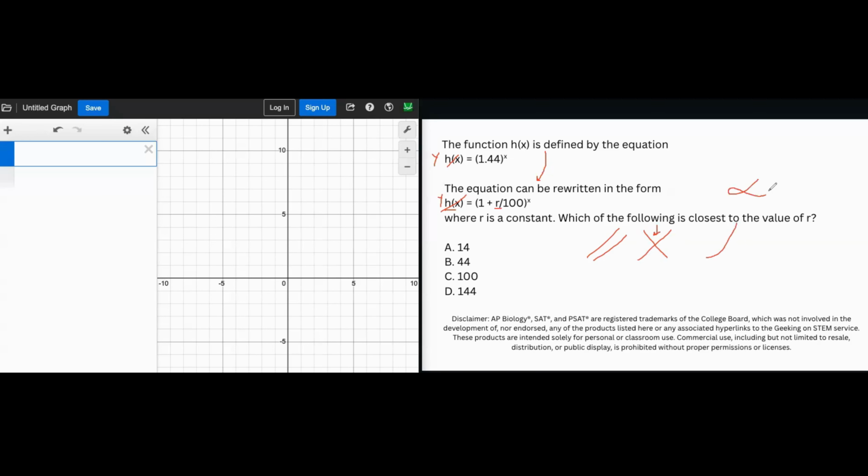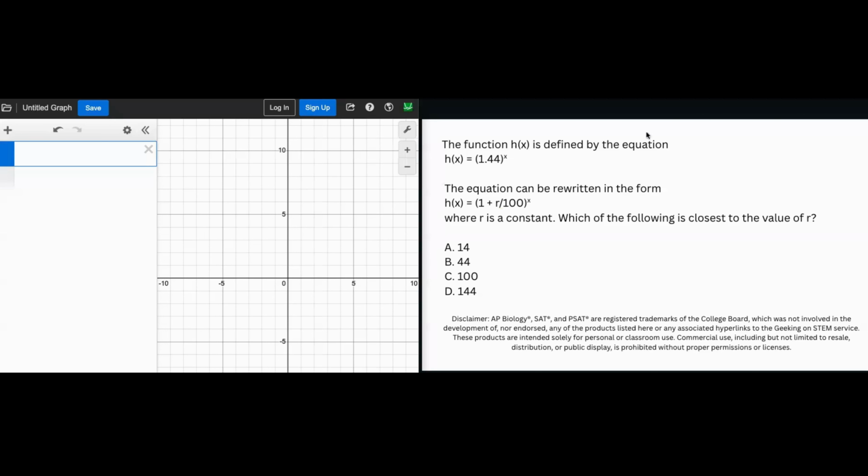So that's my infinite symbol, and the graph is going to look exactly the same, one on top of the other. They're going to superimpose on top of each other exactly, the exact same line or graph, which means that we can essentially graph both of these equations and check to see where they're the same.